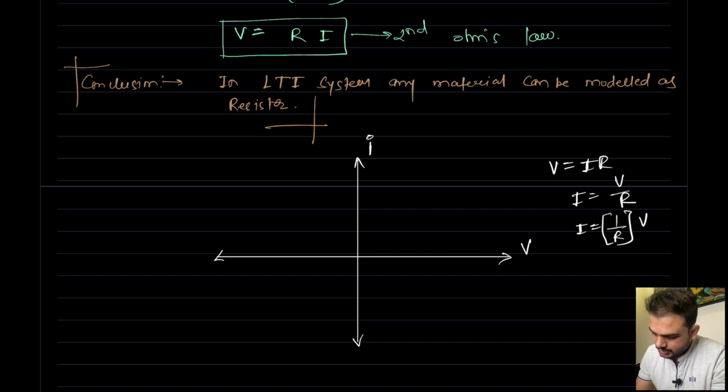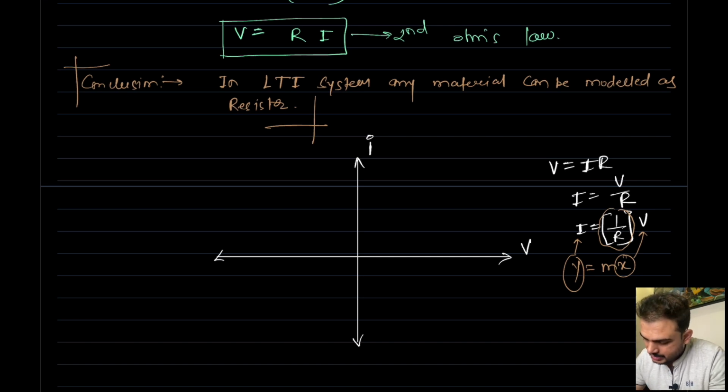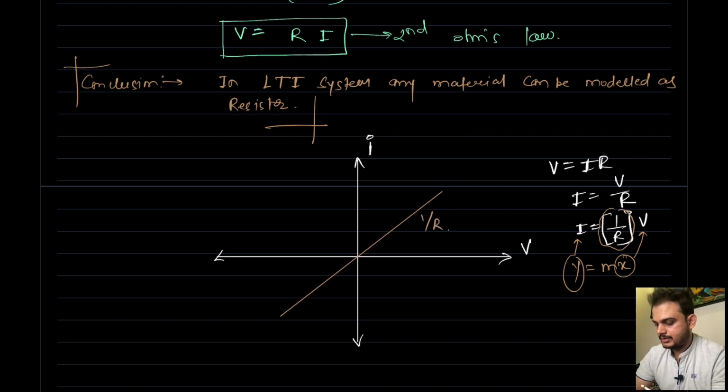I hope you know this concept, y is equal to mx. On the y axis we have current, and on the x axis we have voltage. And m is nothing but the slope of the line, which is 1 by R. This is the slope of the line.